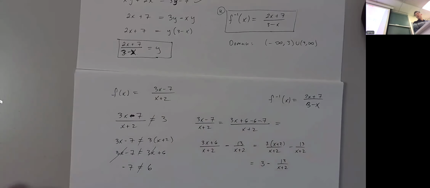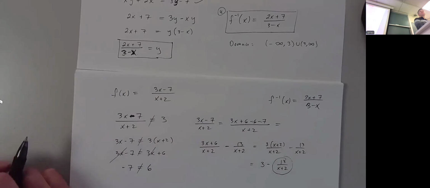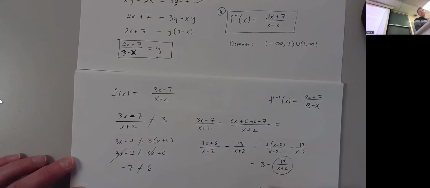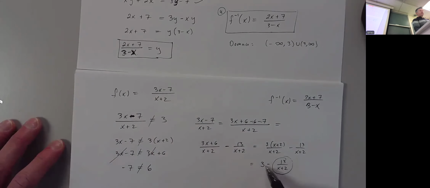And you know what's also true? This part here, never equal to 0. As hard as you try, you can never make that equal to 0. So this whole thing could never equal 3, because whatever value I pick for x, you'd get 3 minus a little bit, which is never going to be 3.